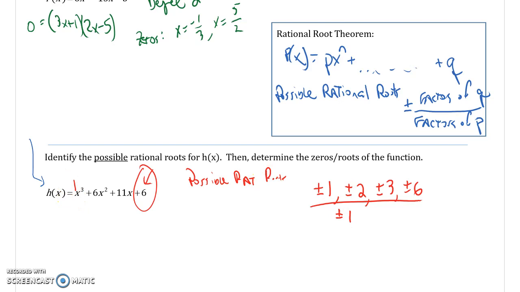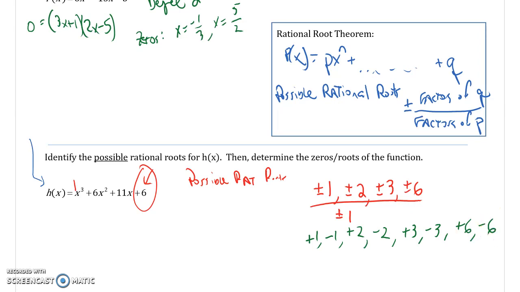So what this means is if there are rational roots, they have to come from the various combinations of this. The nice thing here is this denominator is 1, so everything over 1 is just going to be an integer. So we could have positive 1 or negative 1 be a 0, positive 2, negative 2, positive 3, negative 3, positive 6, and negative 6.